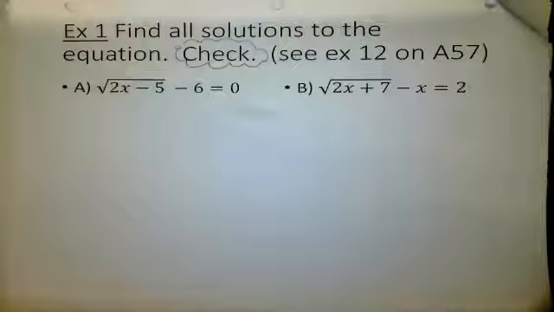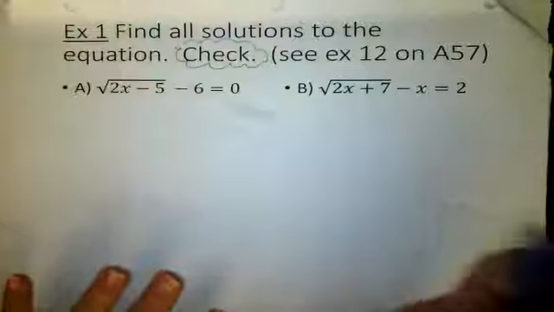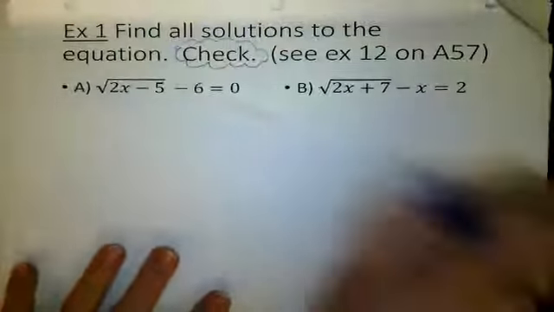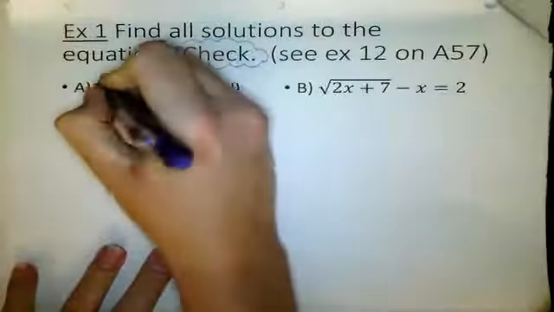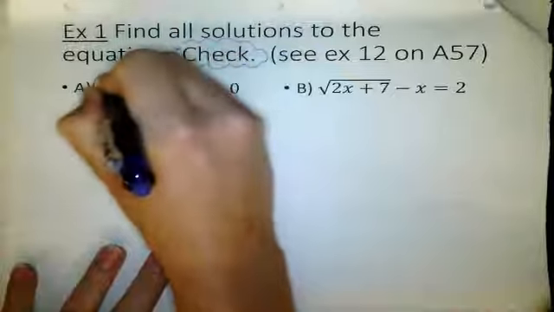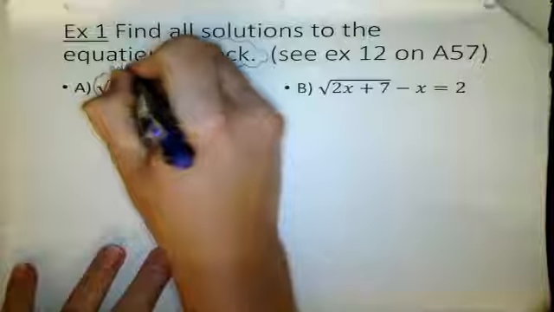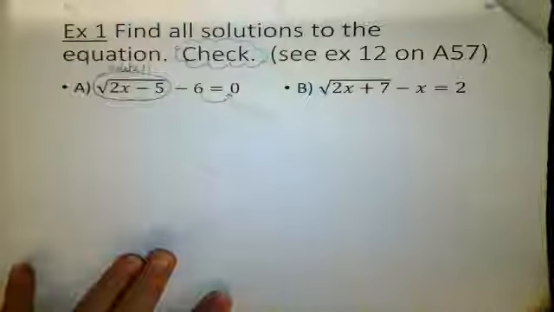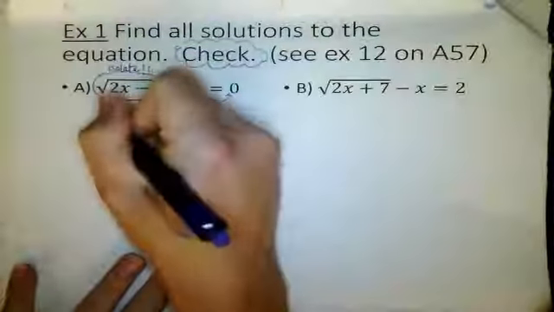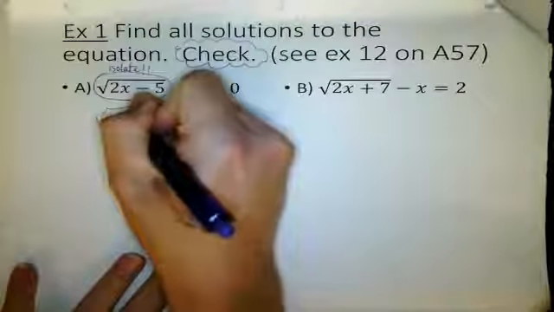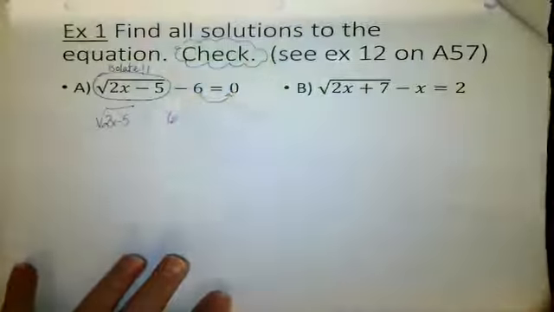So the square root of 2x minus 5, and then subtract 6 equals 0. What do you guys want to do first? Add 6 to the other side. Absolutely. Anytime we have a radical equation, we want to isolate that radical. That is the easy way to solve. So 2x minus 5 equals positive 6, and then what?